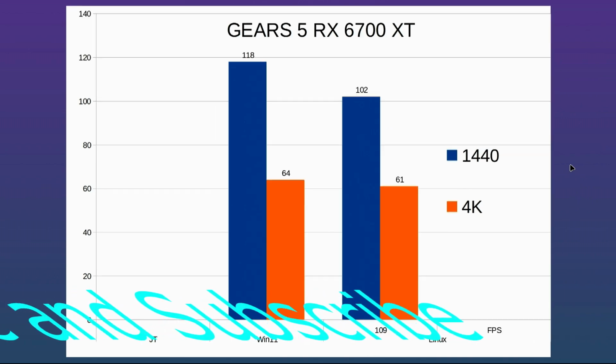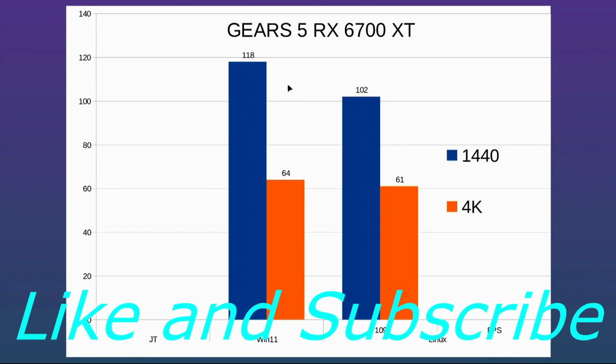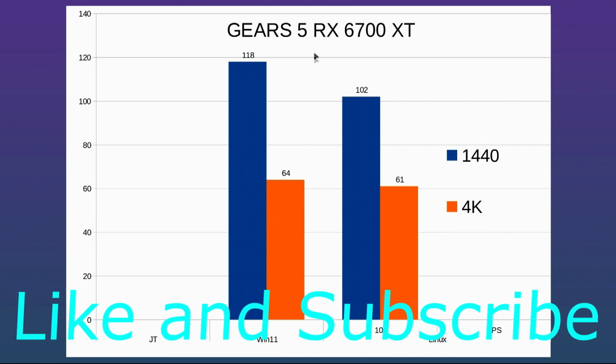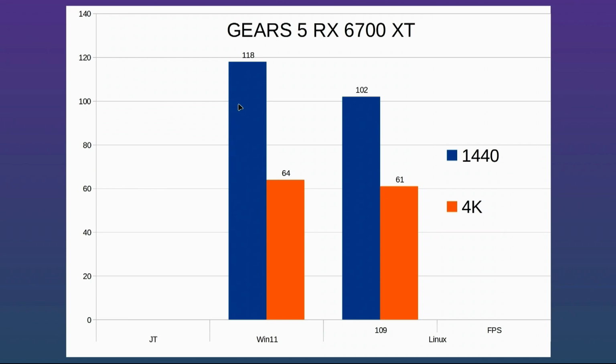Moving to Gears, again, I only tested the 6700 here, and I tested this one in high only. On Windows, we got 118 at 2K, 64 at 4K, and we got 102 at 2K on the Linux machine, and 61 at 4K on the Linux machine.